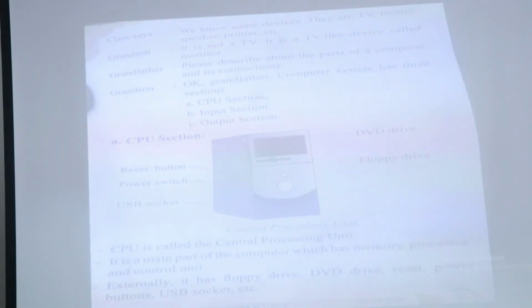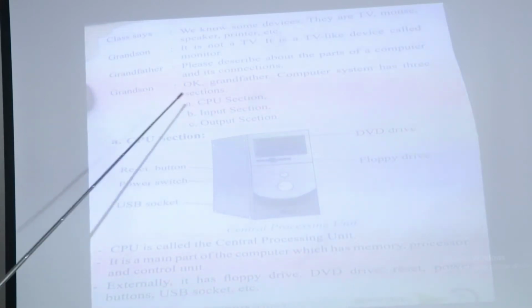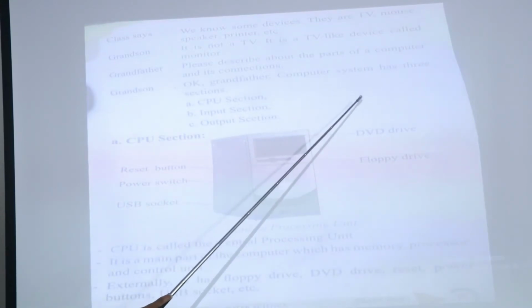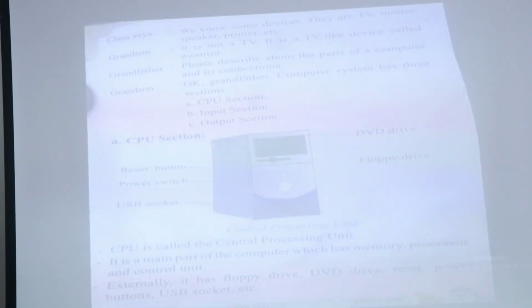Grandson says, okay grandfather, a computer system has 3 sections. They are the CPU section, input section and output section.